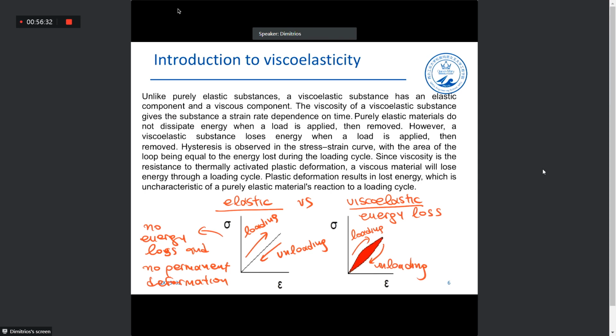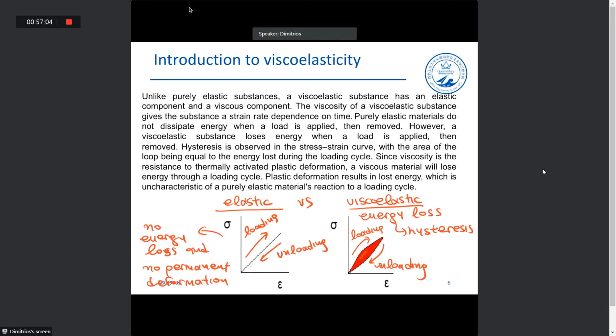And essentially hysteresis is the difference in area under the loading and unloading curve, okay? So this red part here is showing the hysteresis, showing the dissipation of thermal energy from the viscoelastic material.